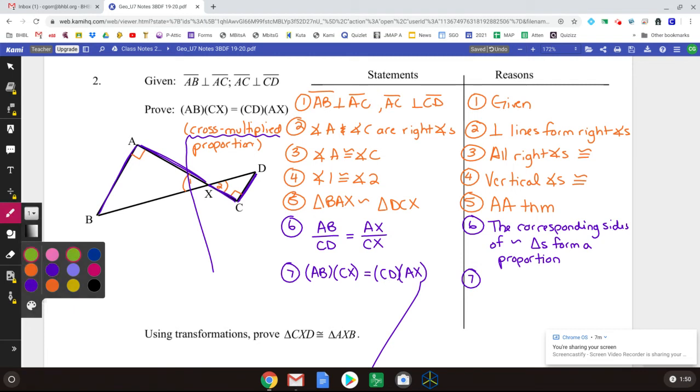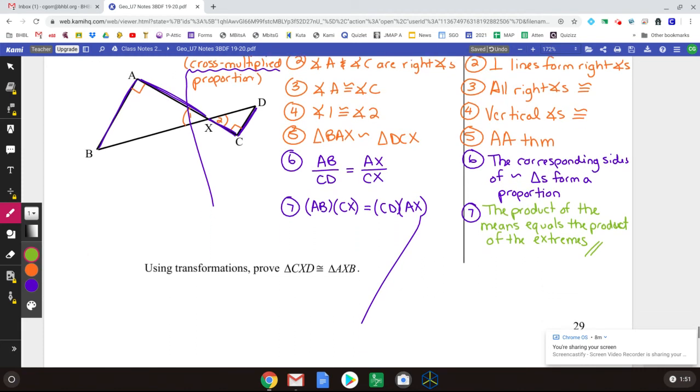So a new thing that we're going to write now, another way to say cross multiply, we're going to say that the product of the means equals the product of the extremes. And that's it. New fancy way to say cross multiply.